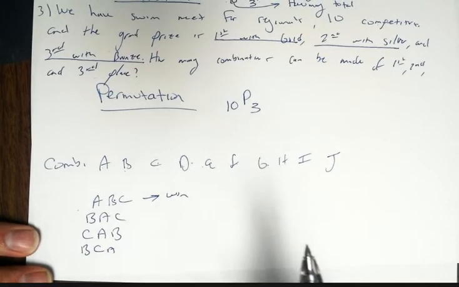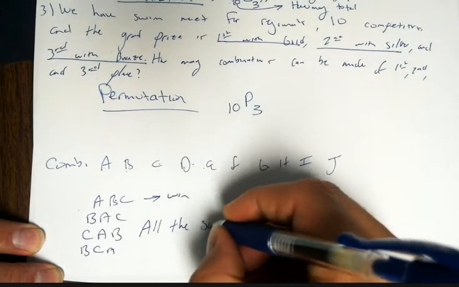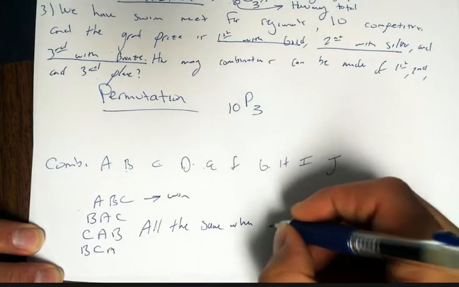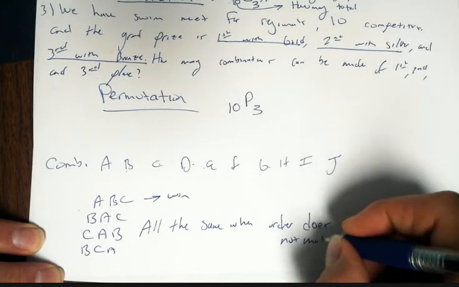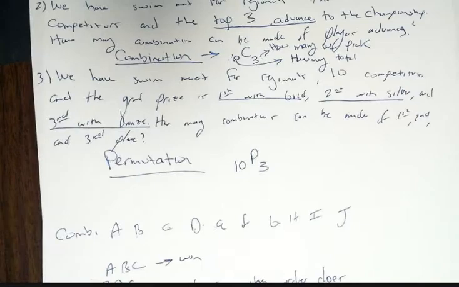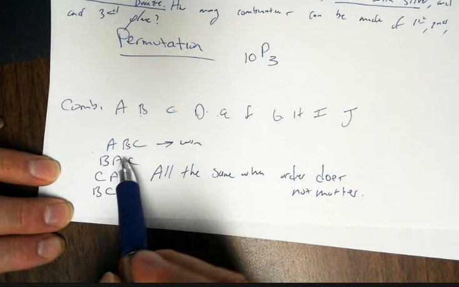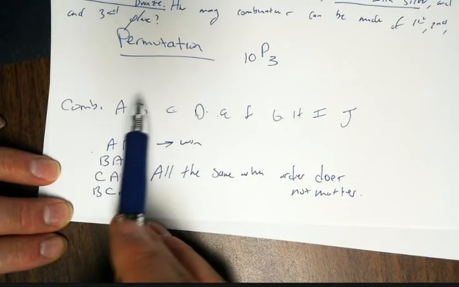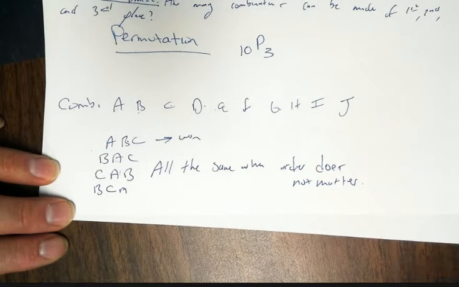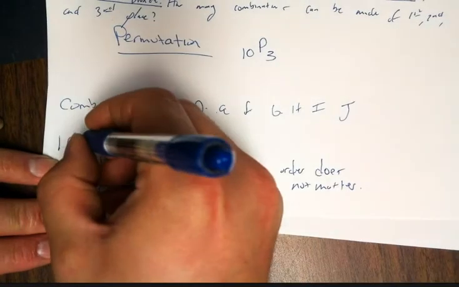So these are all the same when order does not matter. If that's the case, then we can't count this as 4 different combinations. It's one. They're all advancing. A, B, and C are winning. That's what you have to think of this as. It's a group. This whole group wins. So this only counts as one combination.